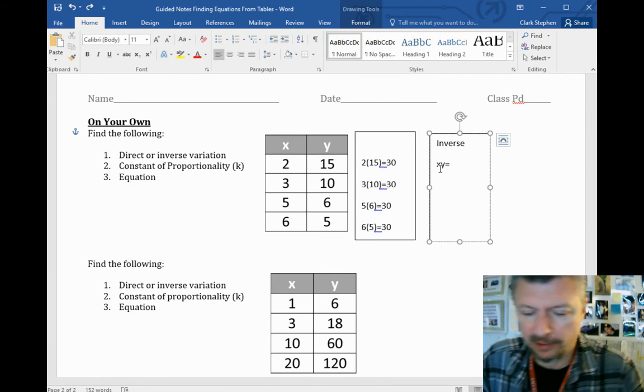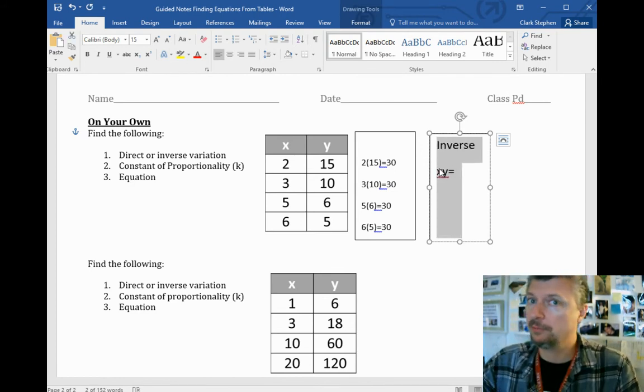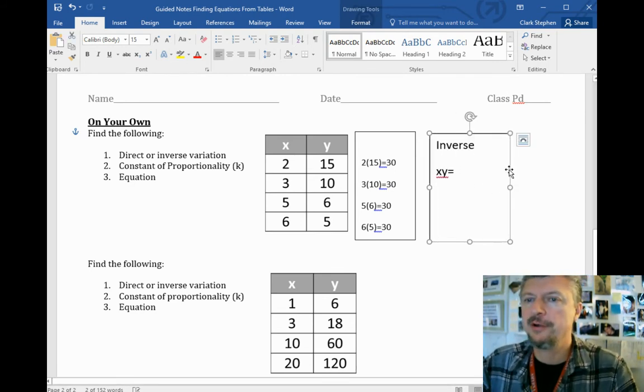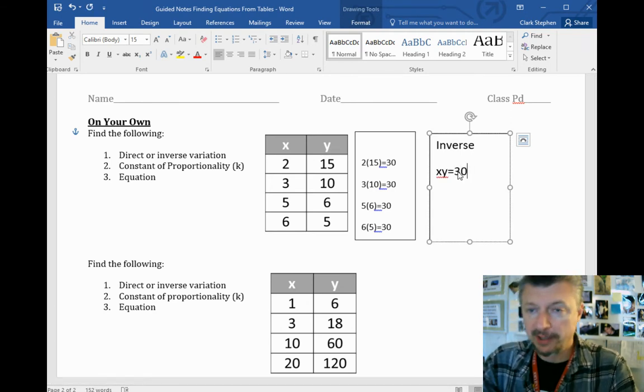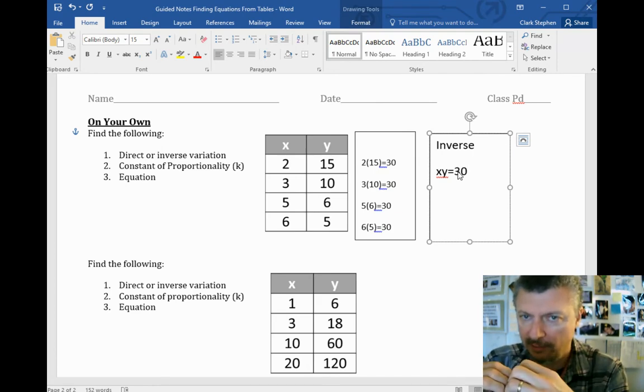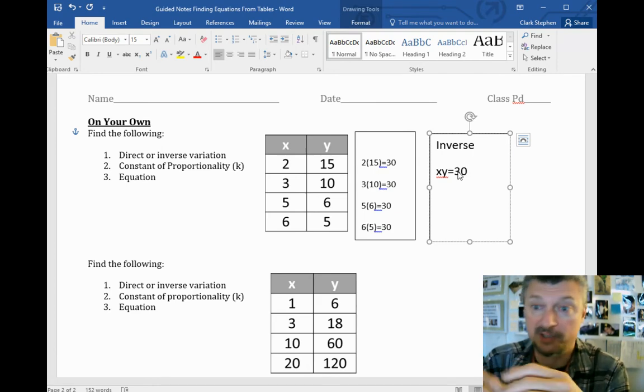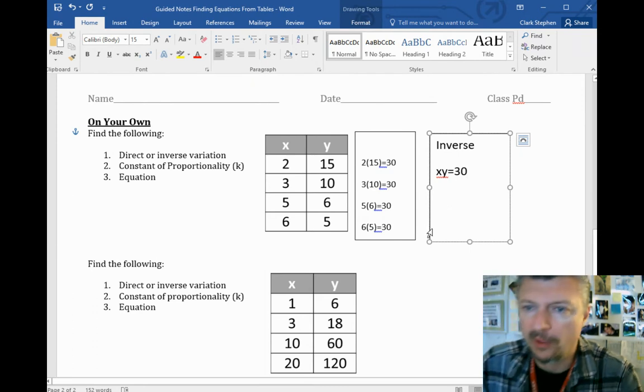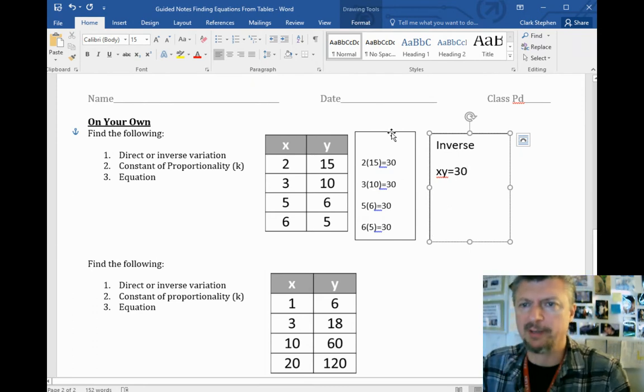What happened when you did it here? It equals 30. Every time you multiply x and y, you get 30. Now remember, xy means x times y. When the 2 letters are together, you multiply them. If it said x plus y, that's something different. But it's together, xy, you multiply. Okay, moving along here.